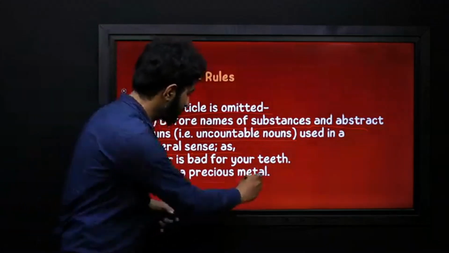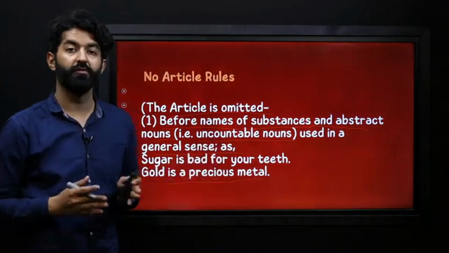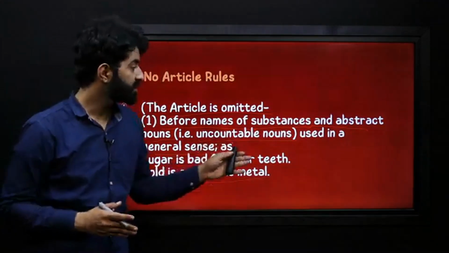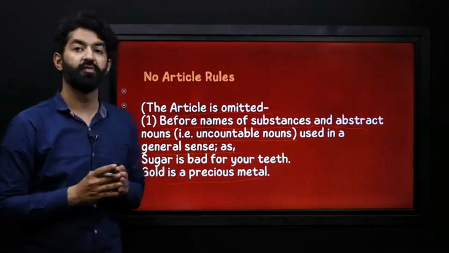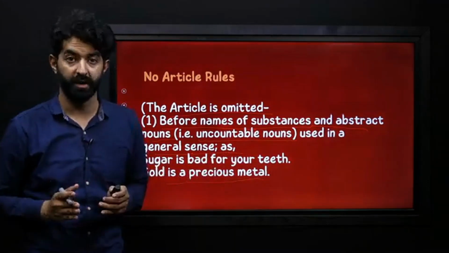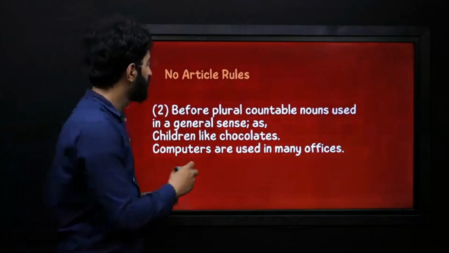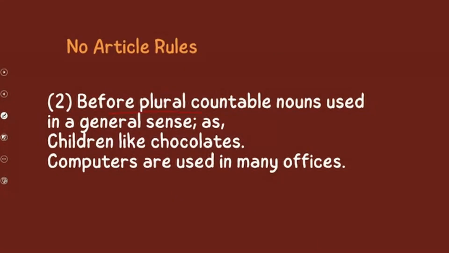Gold is a precious metal, because of the rule that we are following, that for substances and abstract nouns we will not use the articles. Next one is we will not use it before plural countable nouns used in a general sense, as children like chocolates, computers are used in many offices.